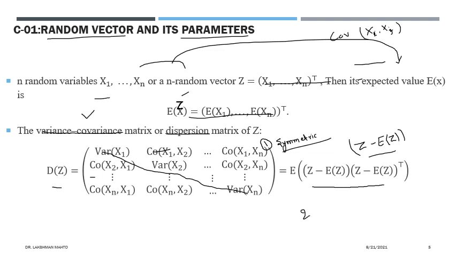In short, we call it PSD. Now, this variance covariance matrix has two properties: symmetric nature and positive semi-definite nature.